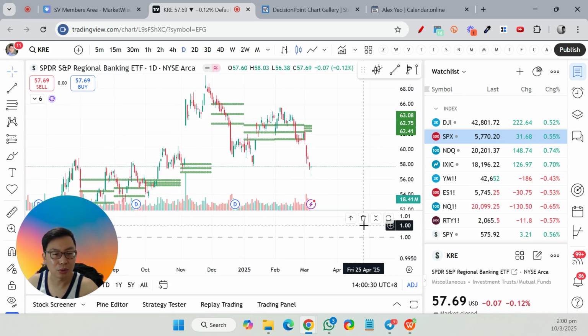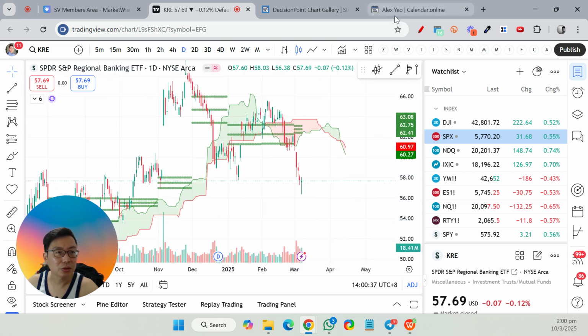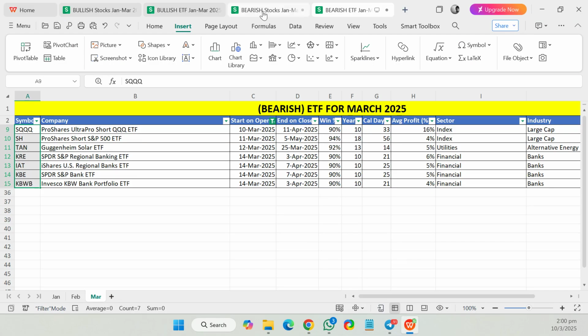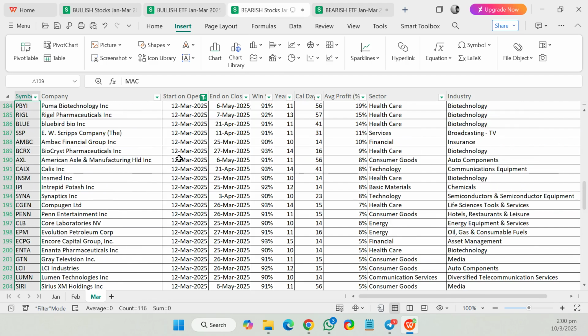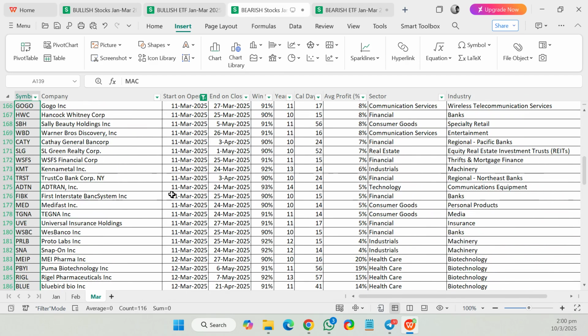So it is not a good time to actually short it lah. Okay, so for now the bearish data, I'm not so keen to short. For the bearish stocks, okay, also not so keen, even though there are some triggers lah. Okay, later I'll show you how the bot can help you screen.